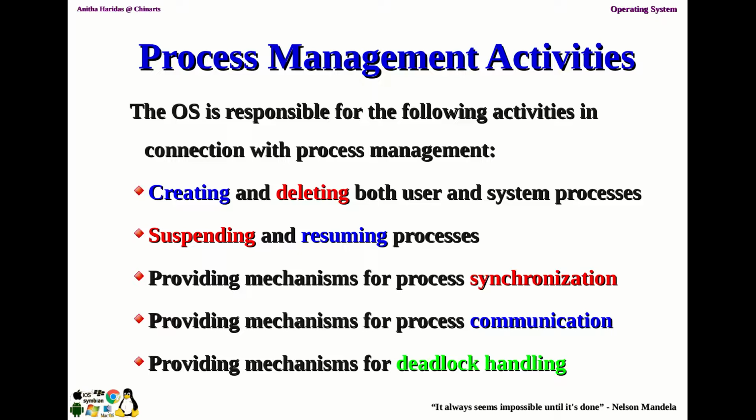Say, for example, one process is having an input output operation. It will be waiting for the input output device to respond, and by that time the CPU will be idle. So what will the process manager do? It will allocate another process to the processor.